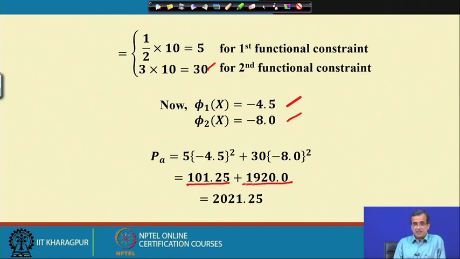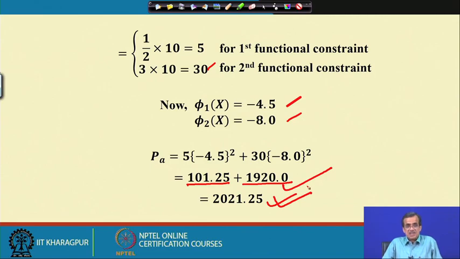Now, if I compare these two penalty terms, for the functional constraint where there is violation, the amount of penalty will be higher compared to the other where there is no violation. If I add them up, I will get the amount of total penalty like this. This is the way we will have to calculate the penalty term.